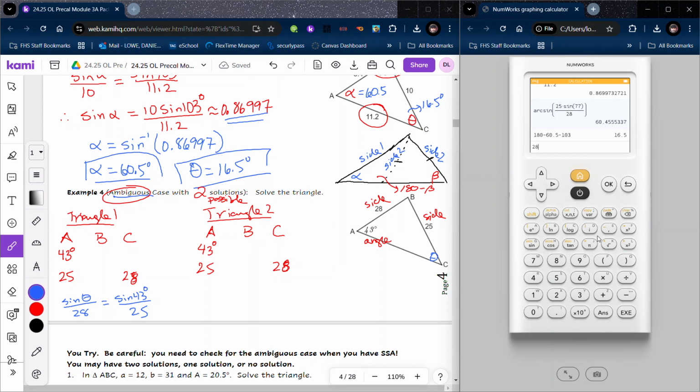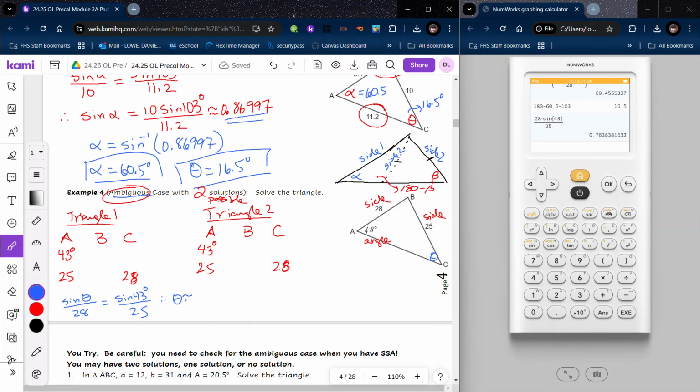So 28 times the sine of 43 divided by 25 gives us 0.7638. So theta is going to be the inverse sine of 0.7638.